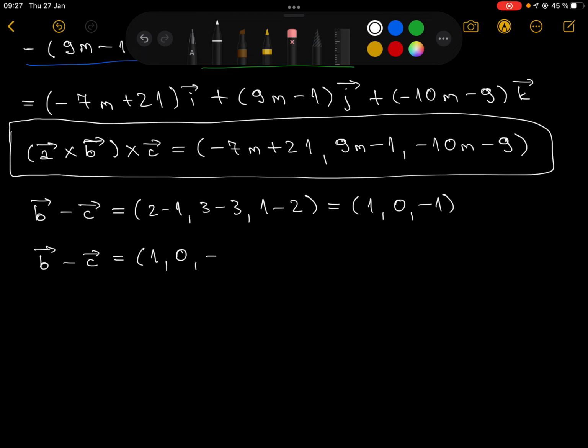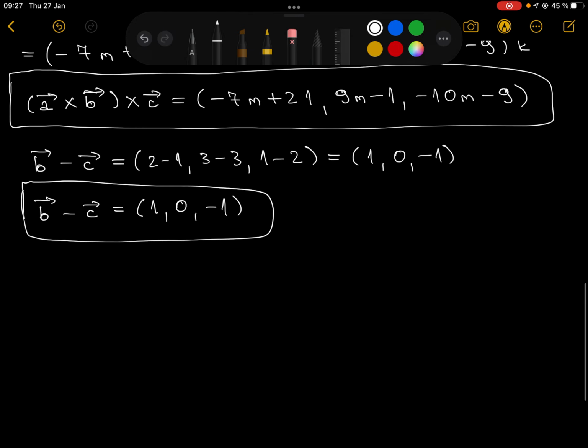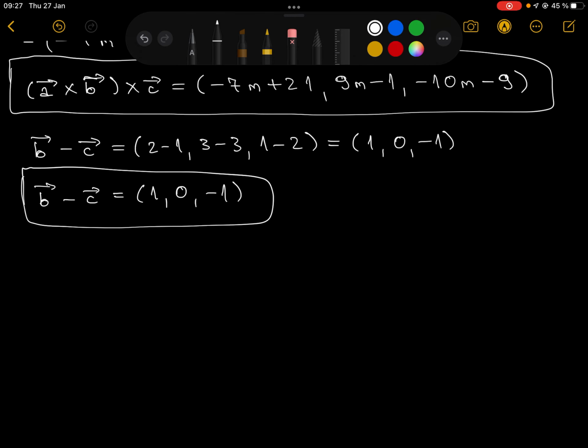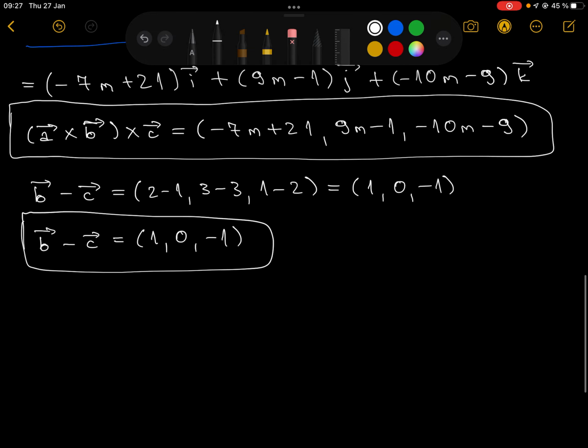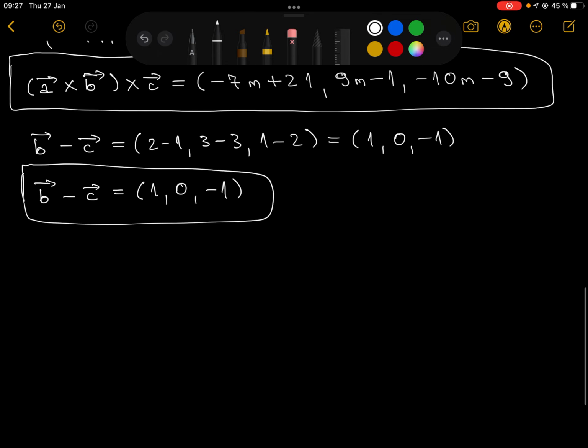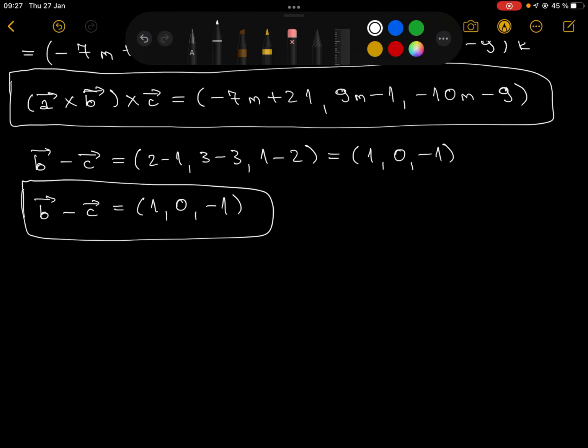And then we said that these two vectors must be perpendicular to each other. So we're just going to go ahead and multiply their coordinates. Since the unit vectors i, j, and k are perpendicular to each other, their dot products will always be equal to 0.